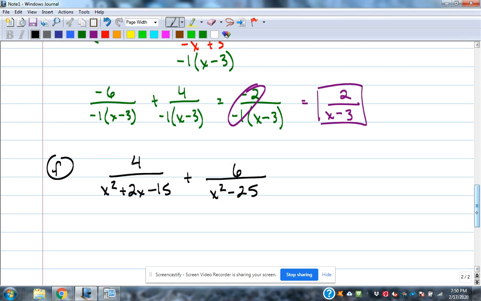Those look like they can be done with factoring, right? We can do X method on this one. So this will give us a little bit more practice with X method. So multiplying to be negative 15, adding to be 2. Negative 5, negative 3. I can take my shortcut, positive 5 and negative 3.